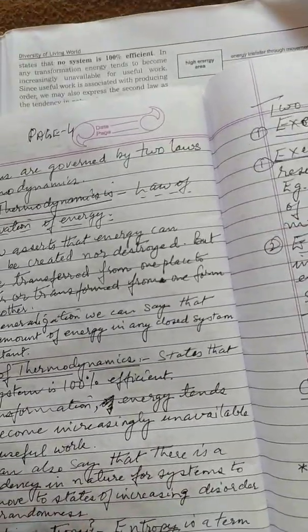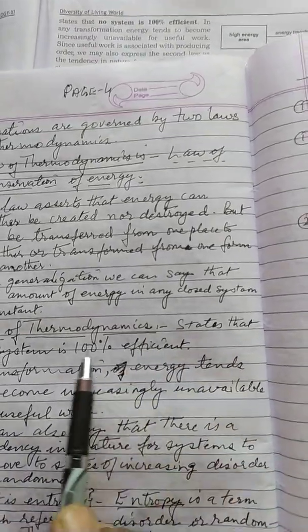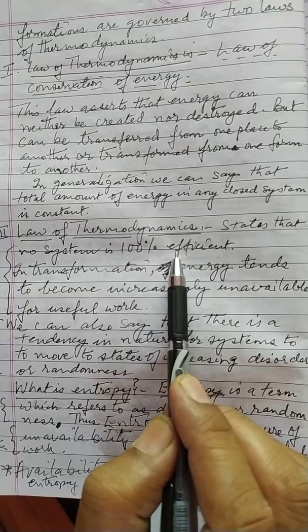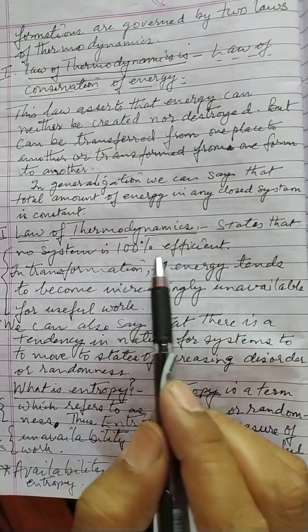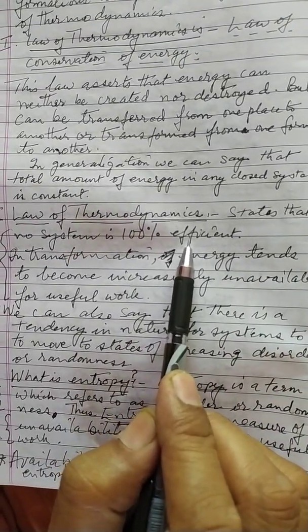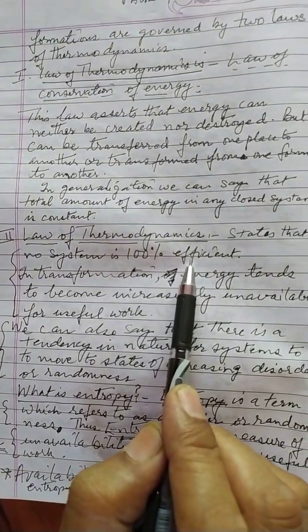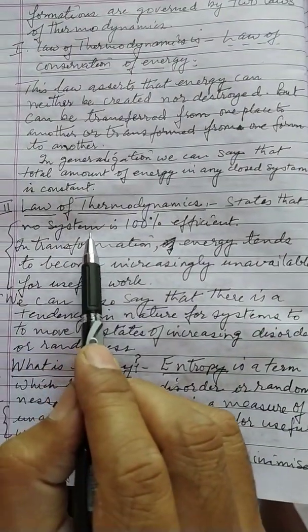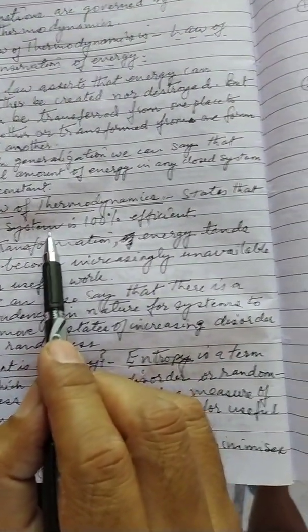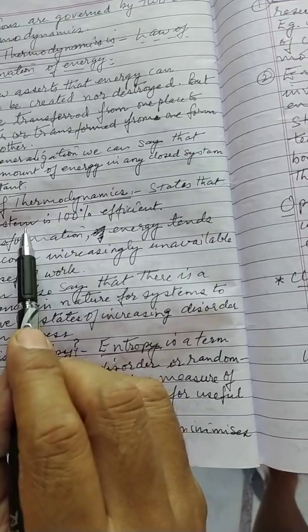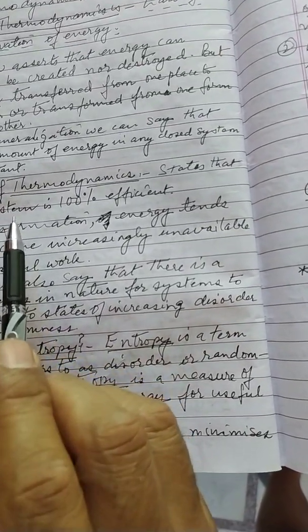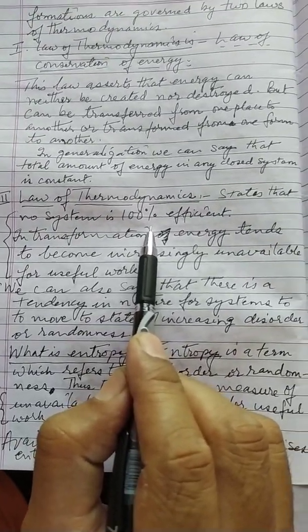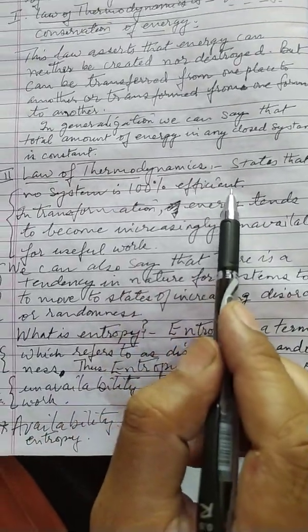Now we see the second law of thermodynamics, which states that no system is 100% efficient. You can take the example of a ball. When we throw a ball, then due to friction, the rolling ball comes to a stop at one place. So we see that this rolling of the ball on the road or on a rough surface comes to an end because no system is 100% efficient.